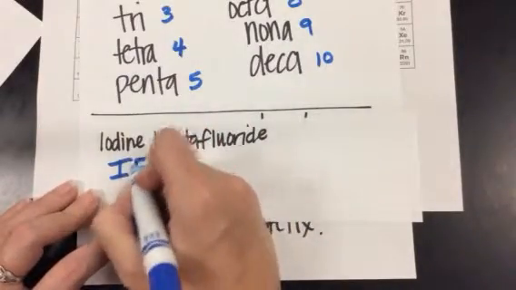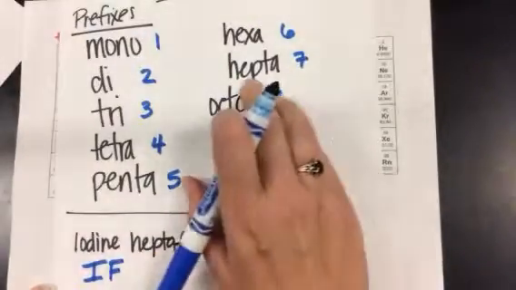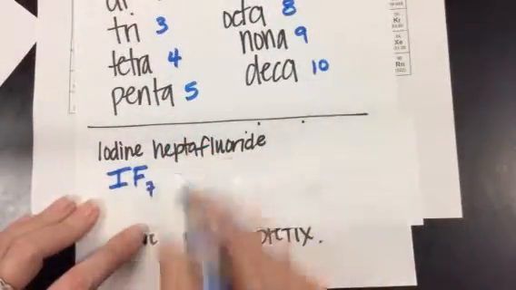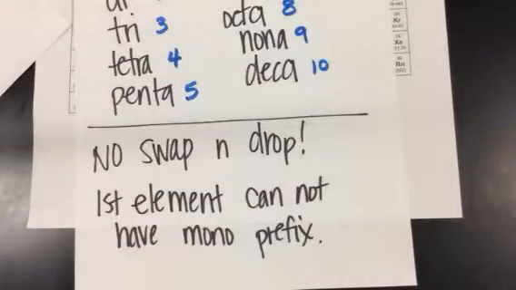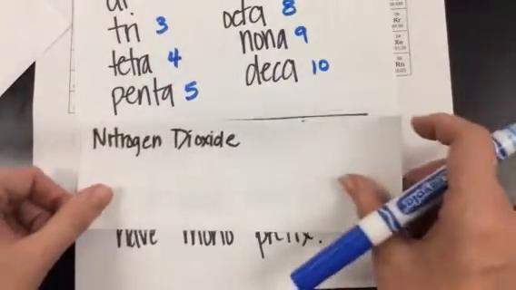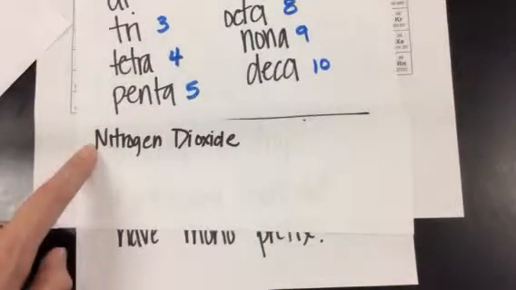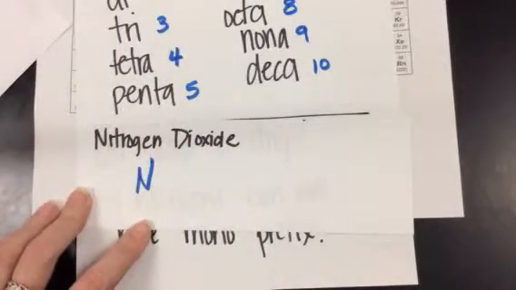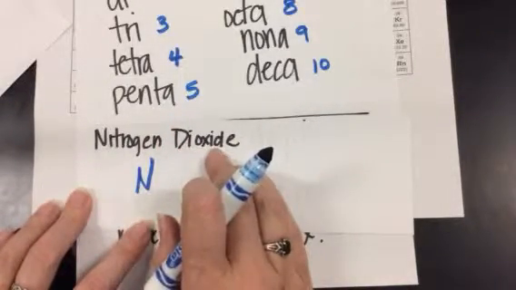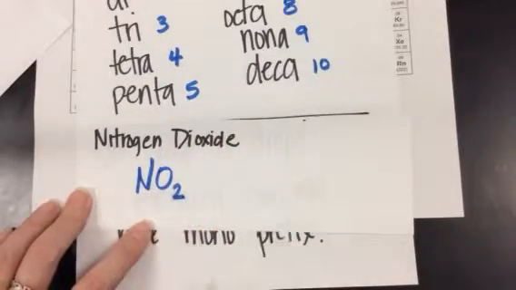Fluoride is fluorine, so F, and hepta right here is the number 7, so I have IF7. My last example, when I have the name and I need to give the formula, I have nitrogen dioxide. Again, there's no prefix out front here, so I have 1 nitrogen, so just an N. Dioxide means that I have 2 oxygen, so I'm going to write down O2.